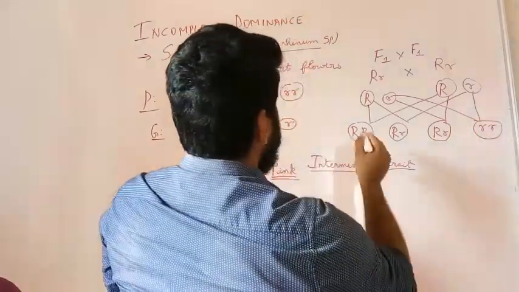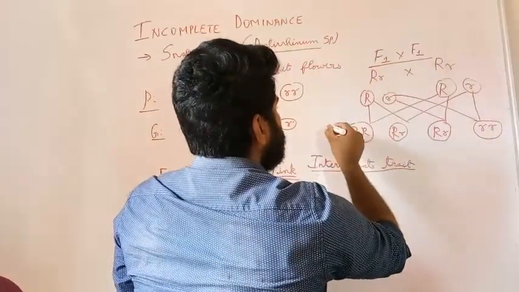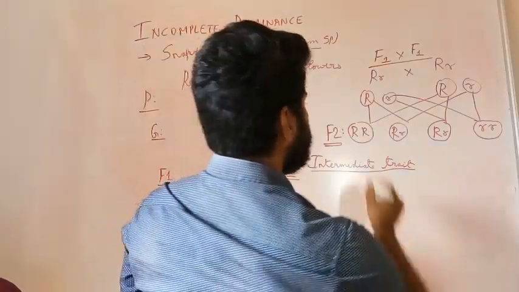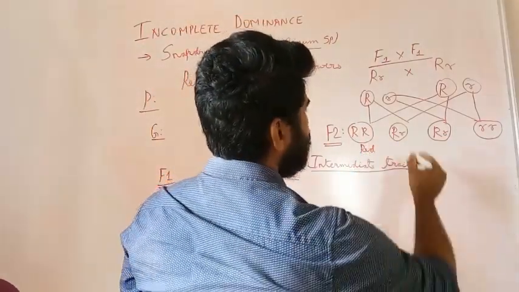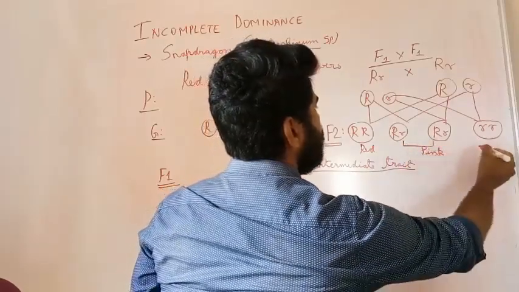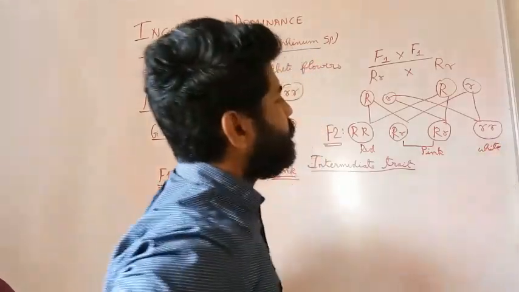This is the F2 generation. In the F2 generation, the plants were red, these two plants were pink, and this is your white plant.